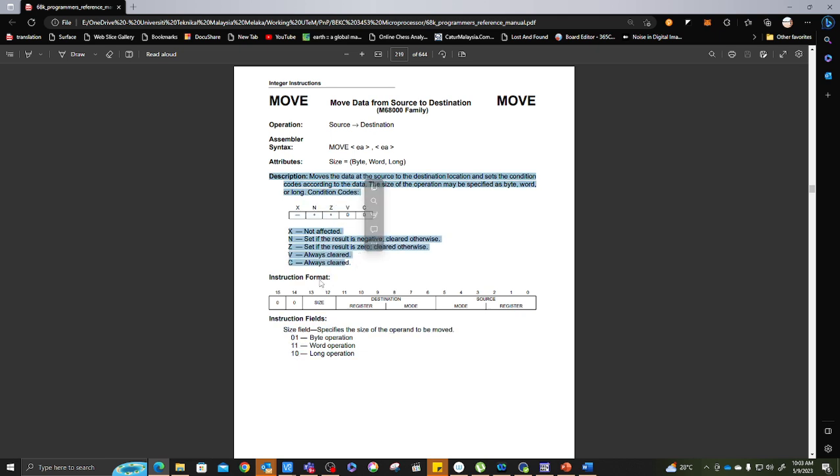Now look at the instruction format. This is what we call the template for the move. The template is normally 16-bit, so you can count from bit 0 to 15.